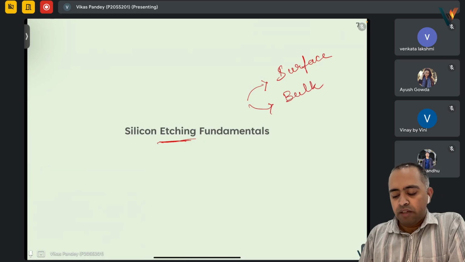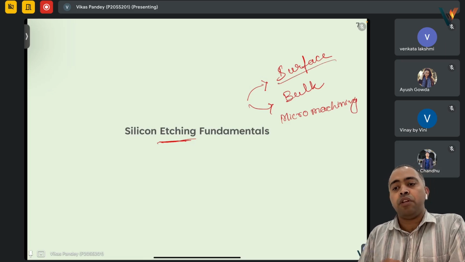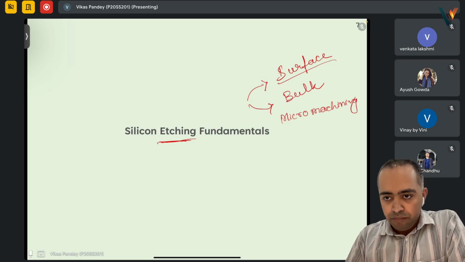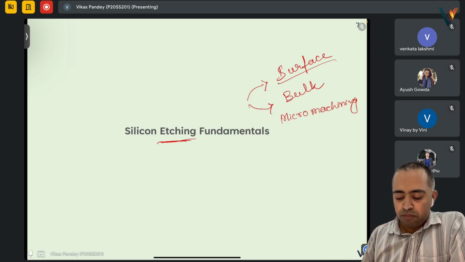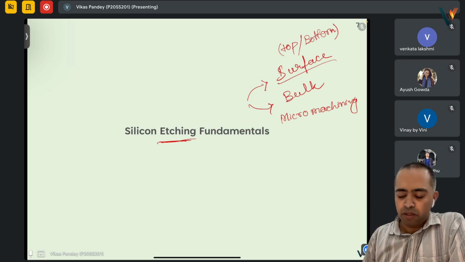We also call it micromachining. Surface micromachining means that we are removing some material from the top or bottom surface only, not going into the bulk.